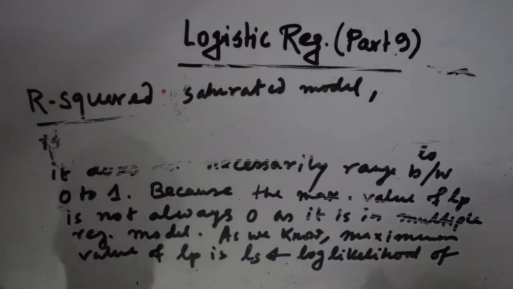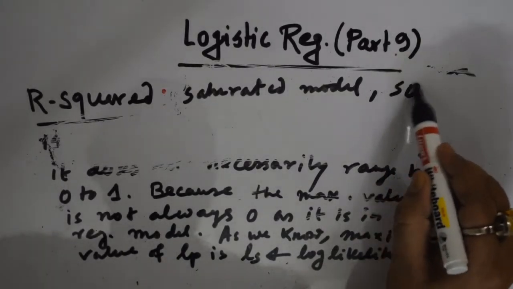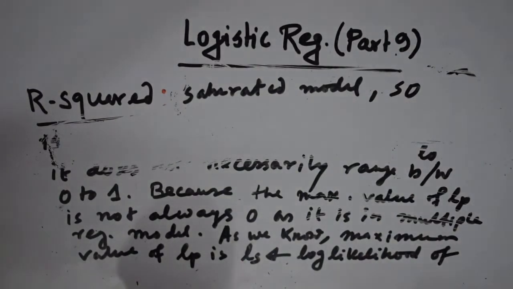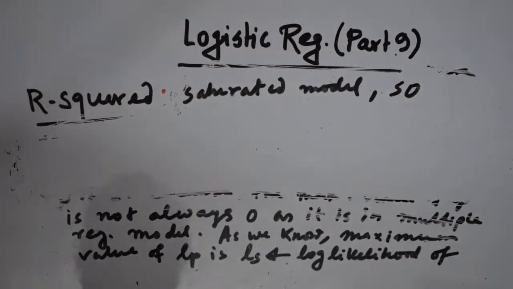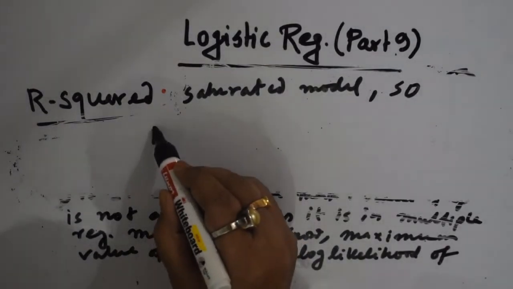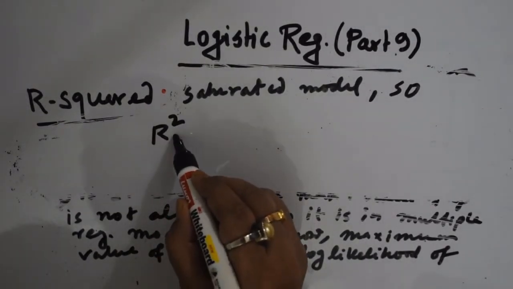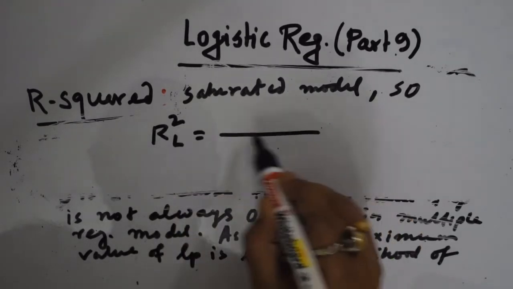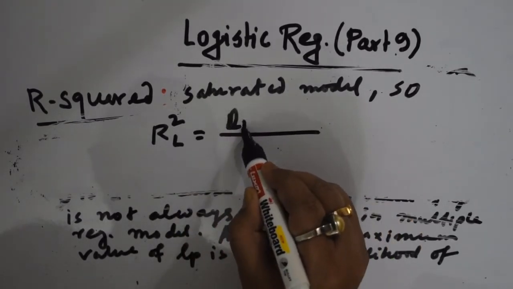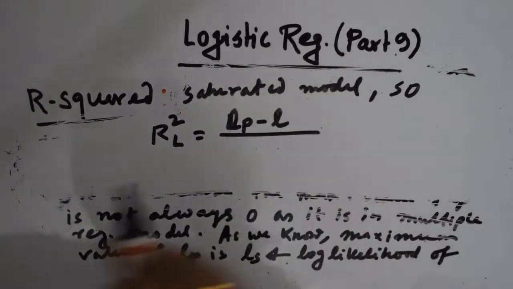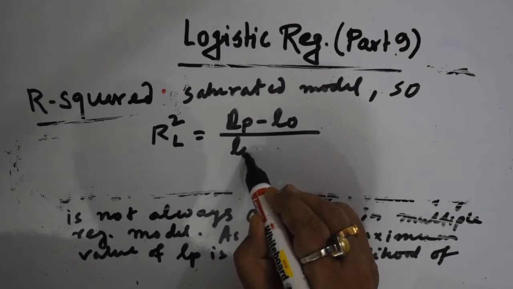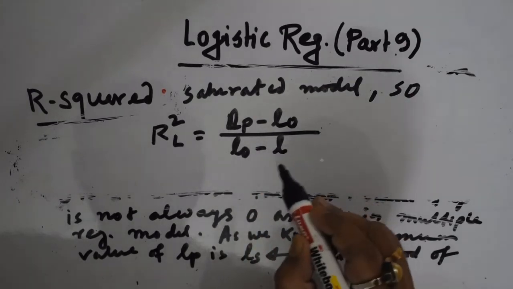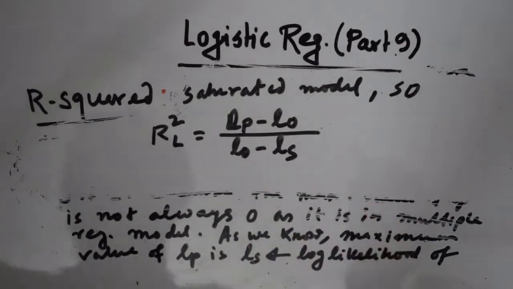So, for logistic model, R square L equals small lp minus small l naught divided by small l naught minus small ls.